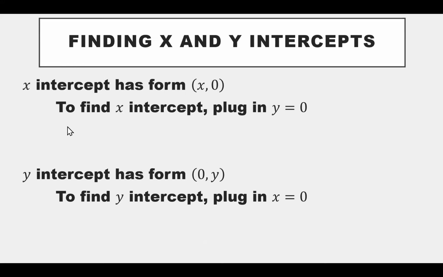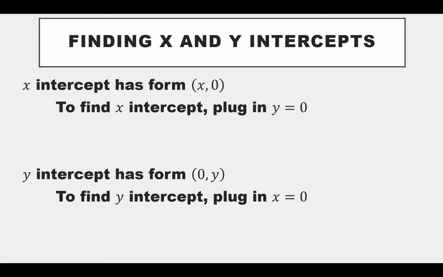In order to find an x-intercept, since it has the form x comma 0, all we have to do algebraically to find an x-intercept is plug in a y value of 0 and figure out what values of x would work.